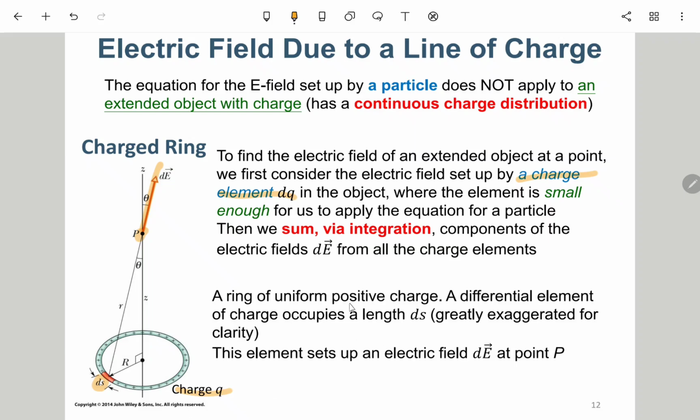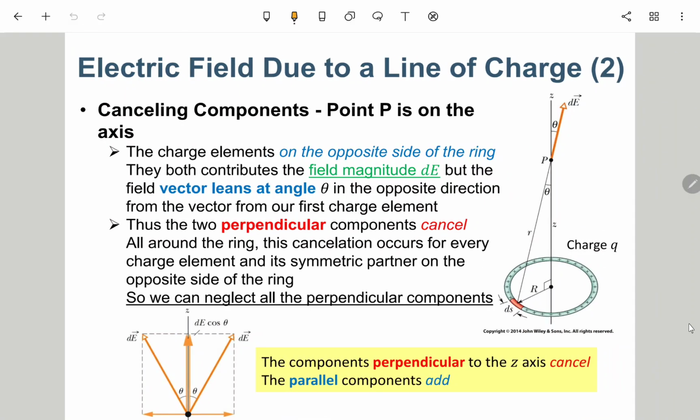So, a ring of uniform positive charge: a differential element of the charge occupies the length ds, with dq, greatly exaggerated so you can see it clearly. This element sets up an E field dE at point P, just as I mentioned.